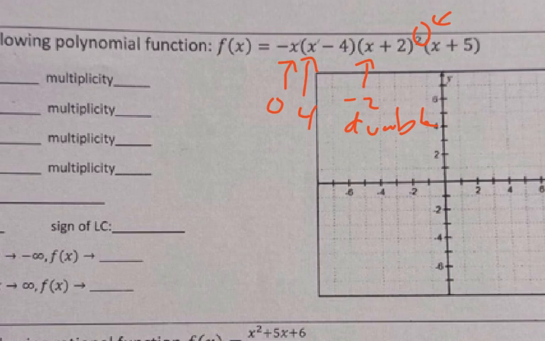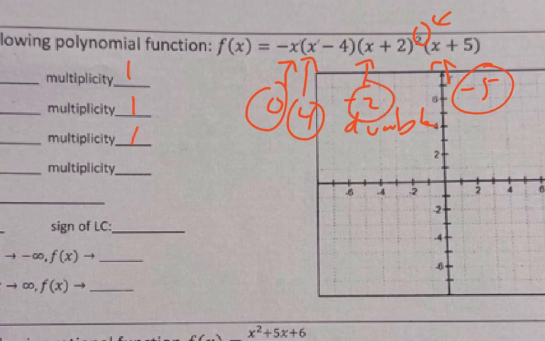And here, -5 plus 5 would make it 0. So I have 0, 4, -5. Those multiplicities are 1. And then I have the -2. Its multiplicity is 2. Okay, so that's what you would fill in here. You'd fill in those 4 different roots.